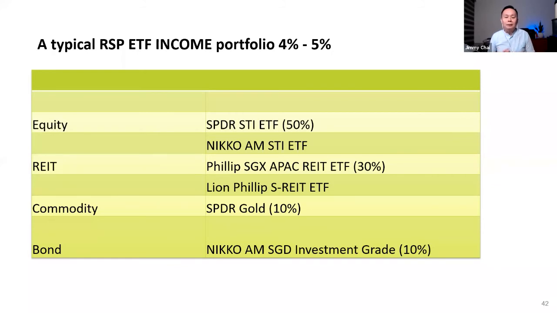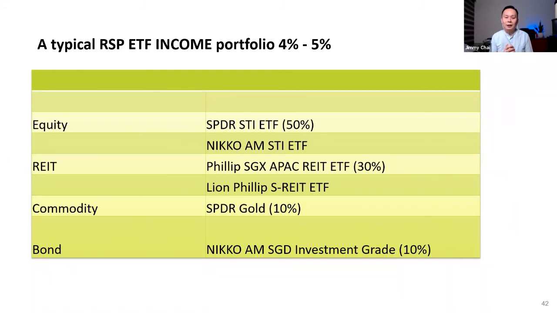Now, a typical RSP income portfolio will be in the region of about 4 to 5%. When I say income, I mean that your dividend is important to you because you need a regular income for whatever reasons. Such a portfolio will typically pay you in cash, two or three times a year, in dividends.